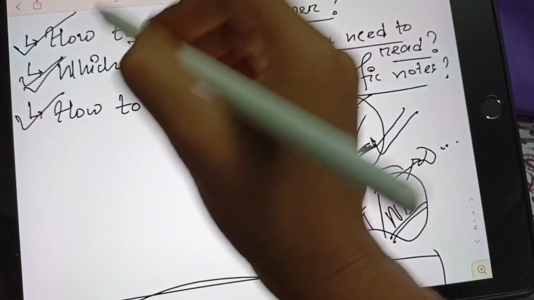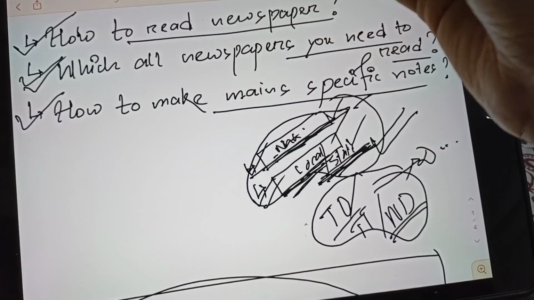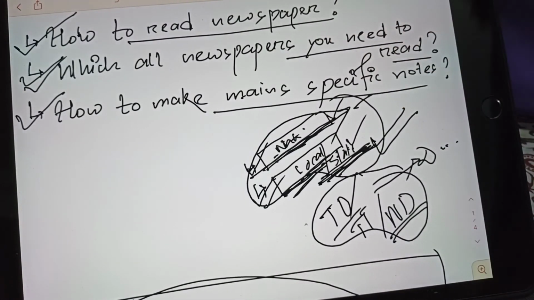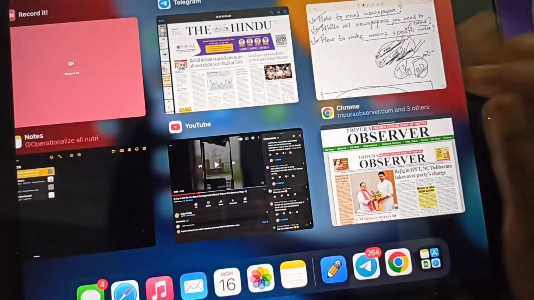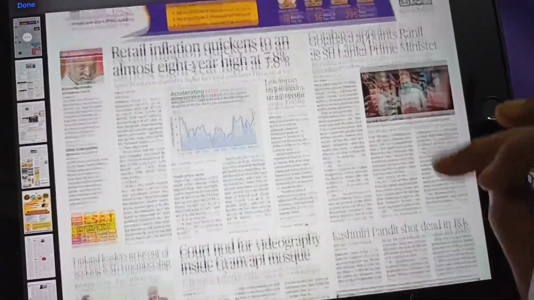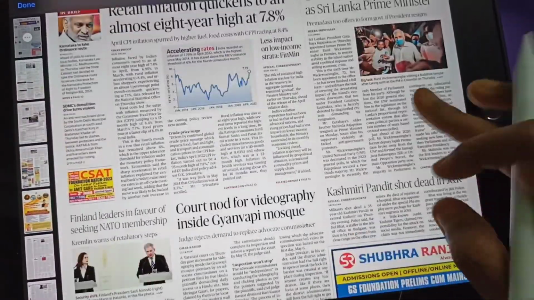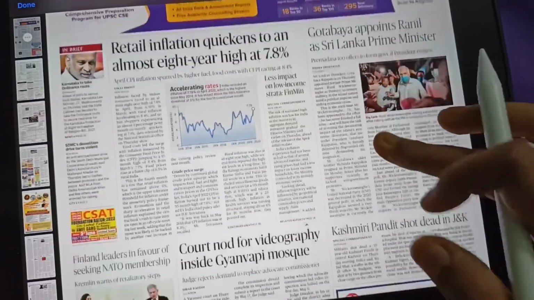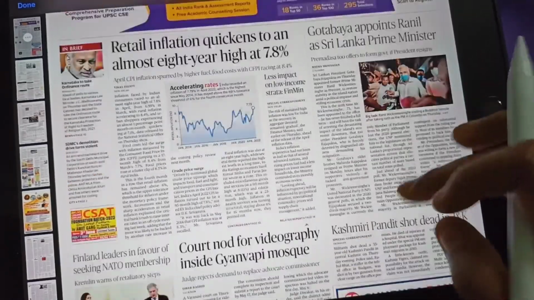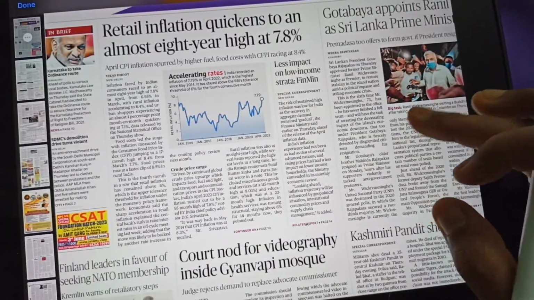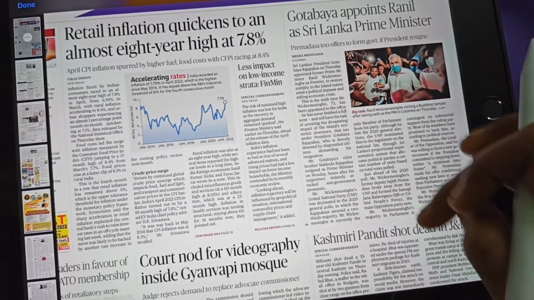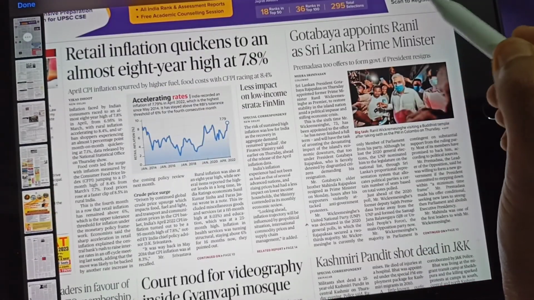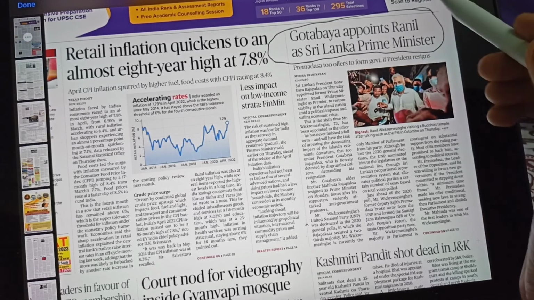Now coming to the first thing, how to read the newspaper. By this, I actually wanted to refer to which news you should read and which news you should leave. Like in The Hindu, this news, Gotabaya appoints Ranil as Sri Lanka Prime Minister.